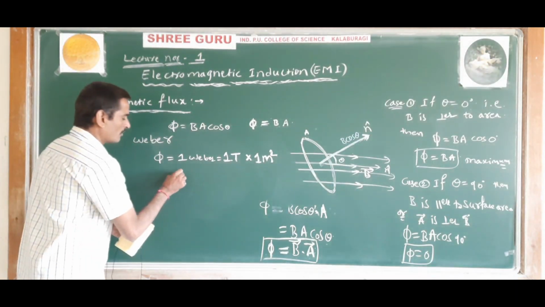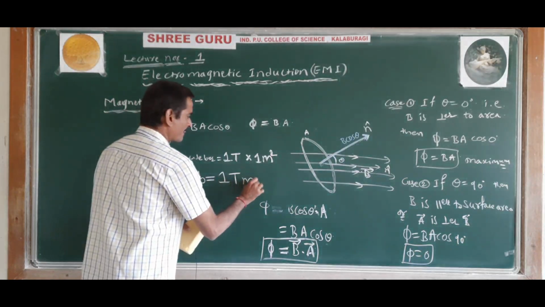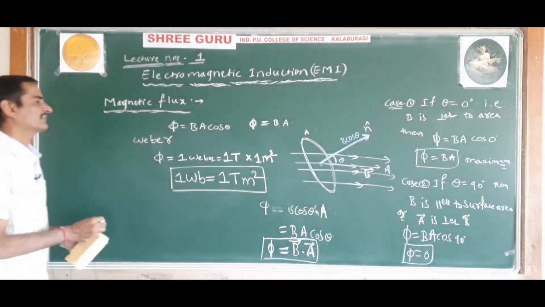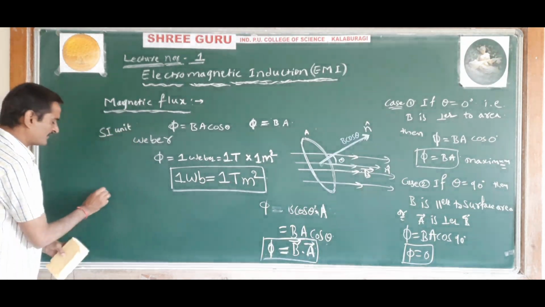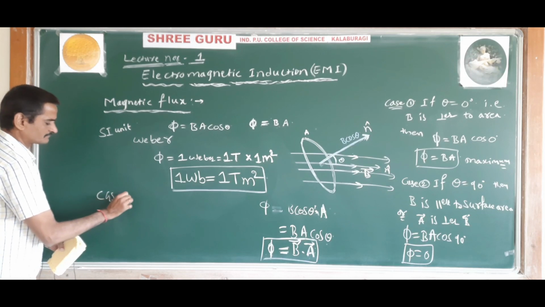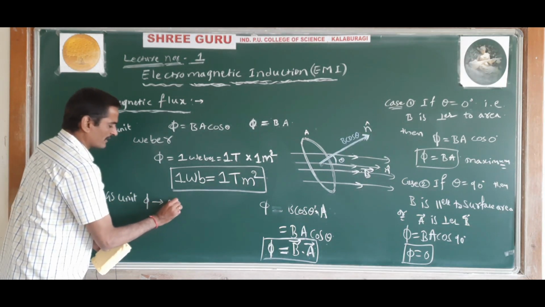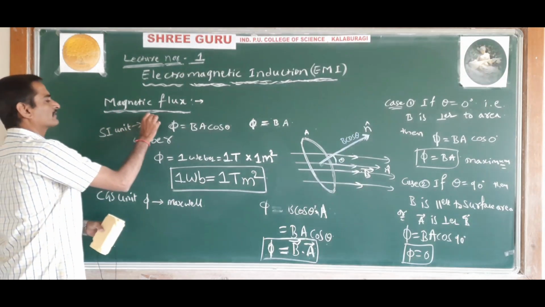Understood? So 1 Weber is equal to 1 Tesla meter square. And this is the SI unit of magnetic flux. And the CGS unit of magnetic flux is Maxwell. SI unit is Weber.